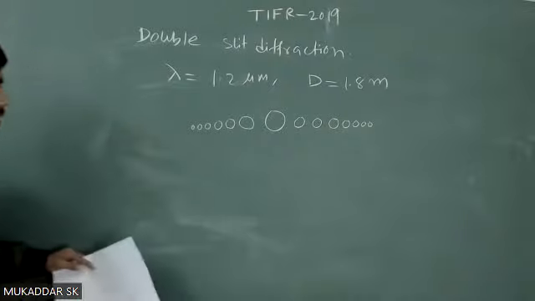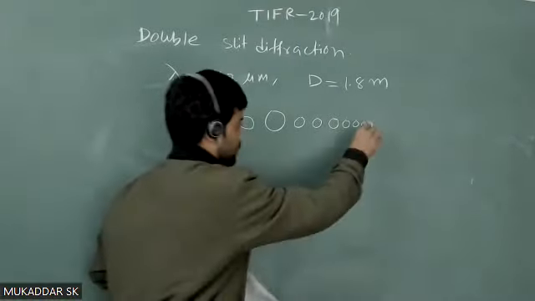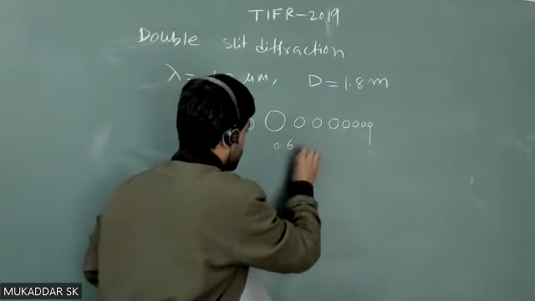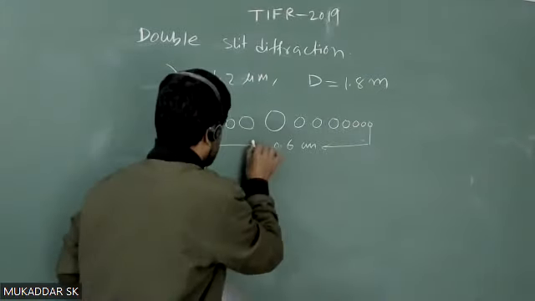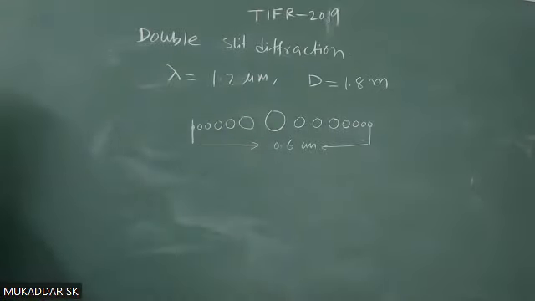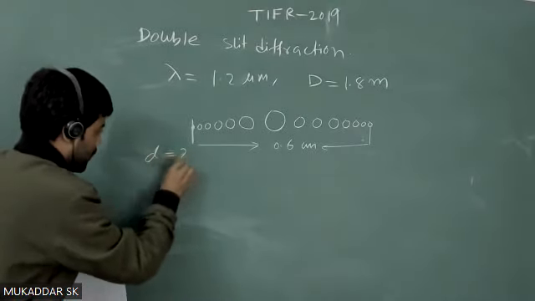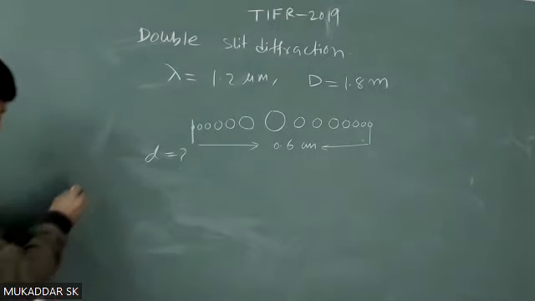The distance between this point and this point is given as 0.6 centimeter. So what you have to calculate? You have to calculate the slit separation, that is d. That is the question.